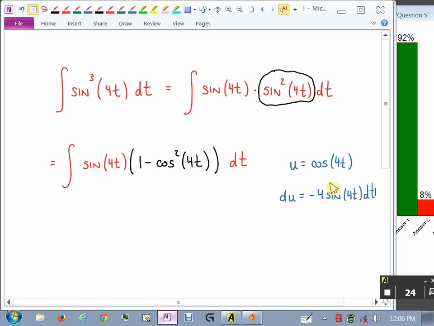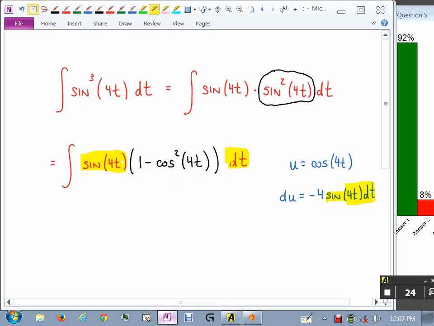So you have to remember the chain rule, right? The derivative of cosine of something is negative sine of that, but then the derivative of what's inside is 4. Do we have negative 4 sine 4t dt up here? Close, right? We've got sine 4t dt. We've got it right here.